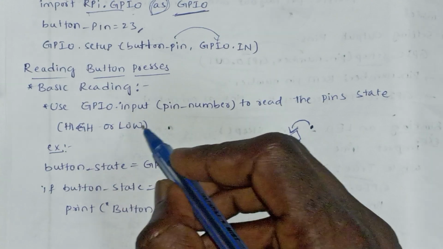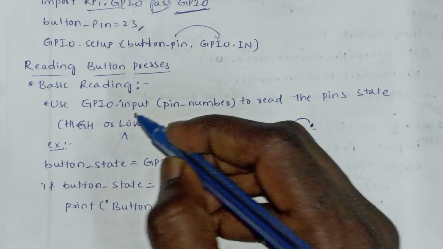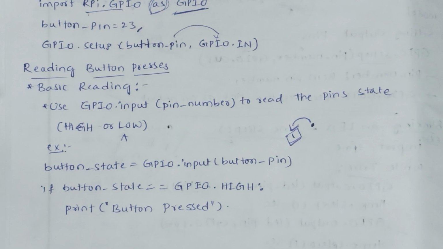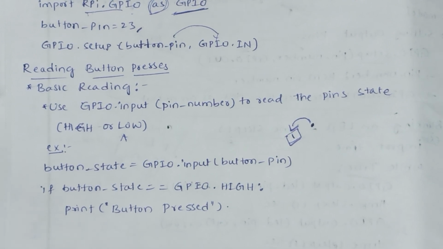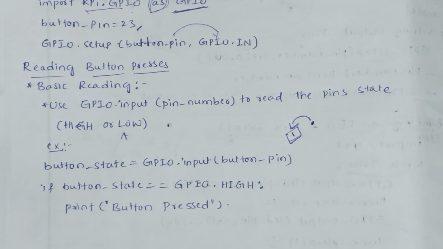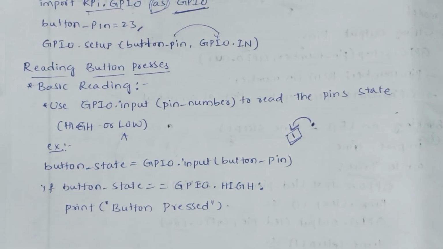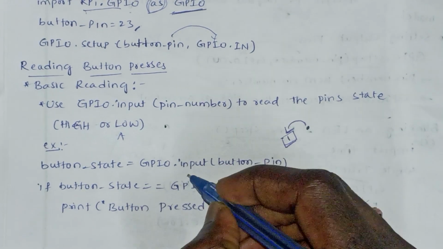Use GPIO.input(pin number) to read the pin state, high or low. For an LED we have high and low, right? So same here, the reading input is high or low. Example: button_state = GPIO.input(button_pin).